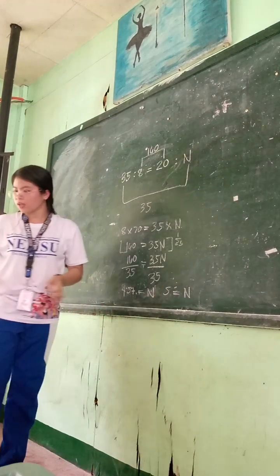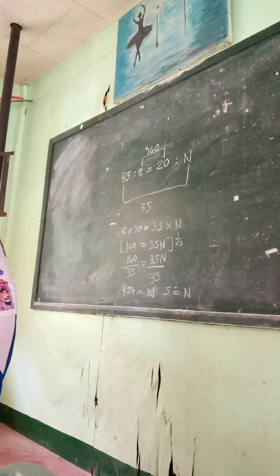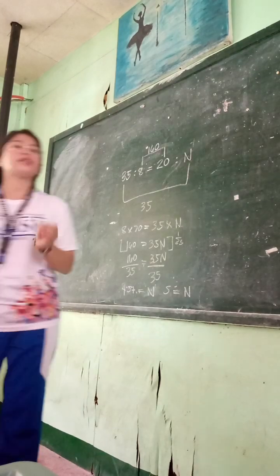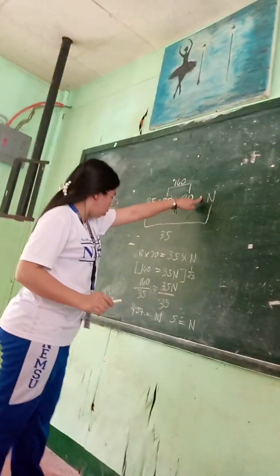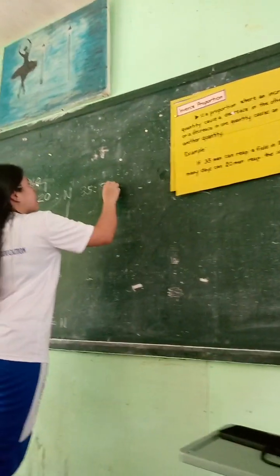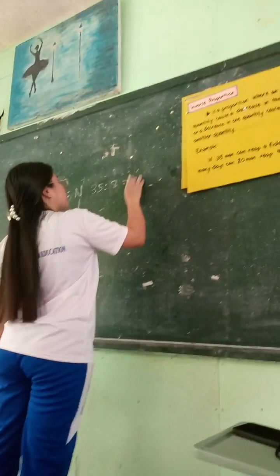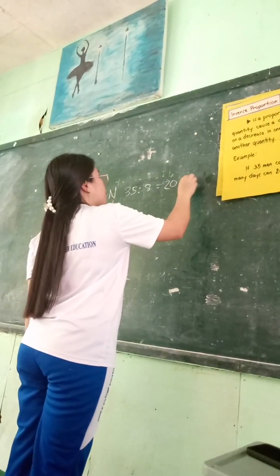So now, to know if it is inverse proportion, we're going to substitute the n to 5. So magiging 35 is to 8 as 20 is to 5.